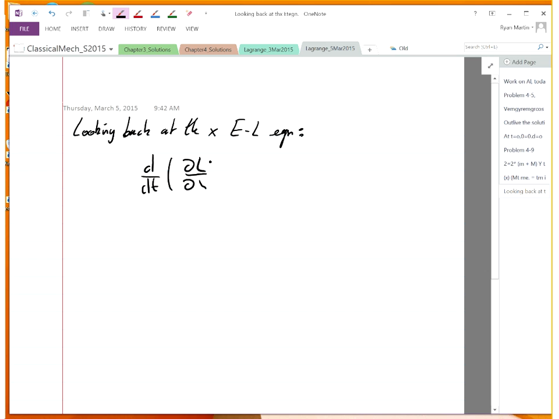So the Euler-Lagrange equation, just to be explicit, is d by dt of dL by dx dot minus dL by dx equals 0.